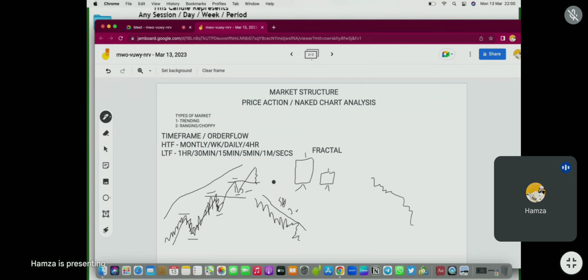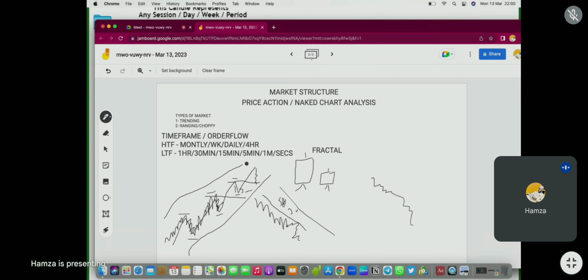But you need to know that market structure is of two types, either trending or ranging. Now, trending is the most advisable time to trade when you ascertain that the market structure is a trending one, whether it be upwards or downwards. Most preferably, try to know what the higher time frame market structure is, and then utilize time frames and order flow to enter your trades.